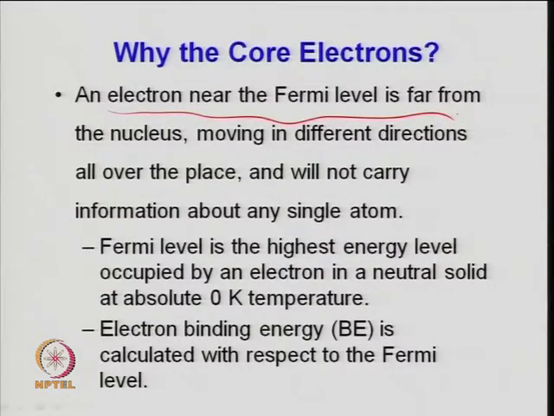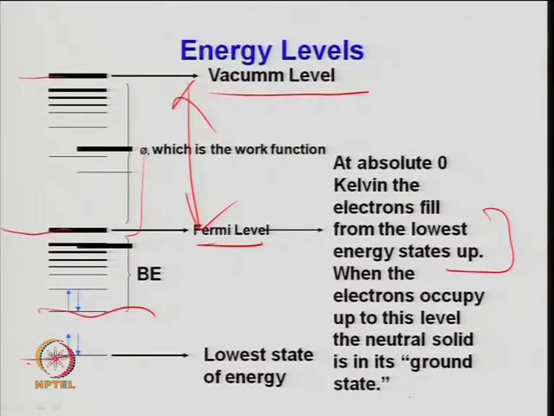The Fermi level is the highest energy level occupied by an electron in a neutral solid at absolute 0 Kelvin, as we discussed. Electron binding energy is calculated with respect to the Fermi level. That is from the core to the Fermi level, which is shown here: the Fermi level, this is the core, and that is really important. Here the electrons are free to move in between, so they may not give useful information.